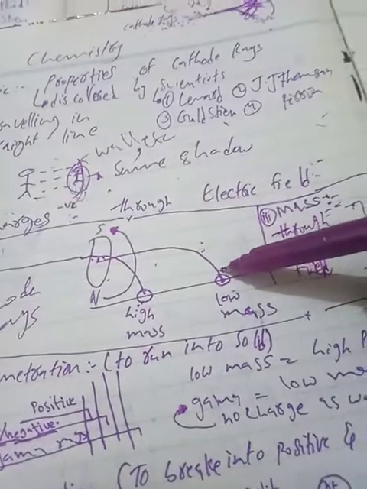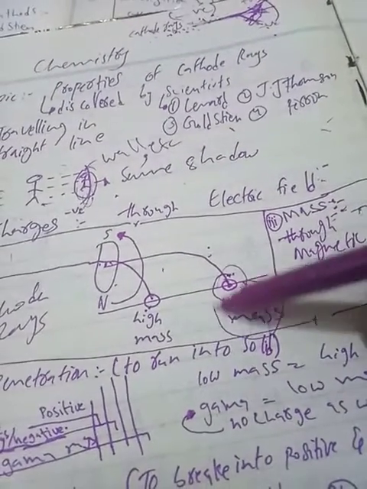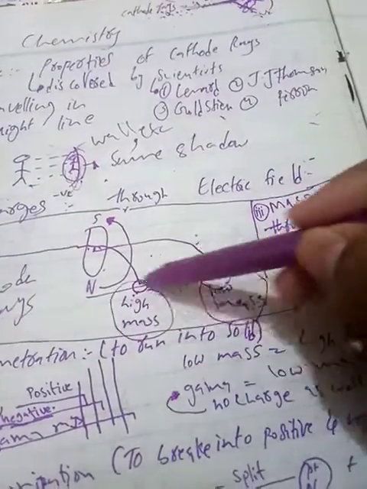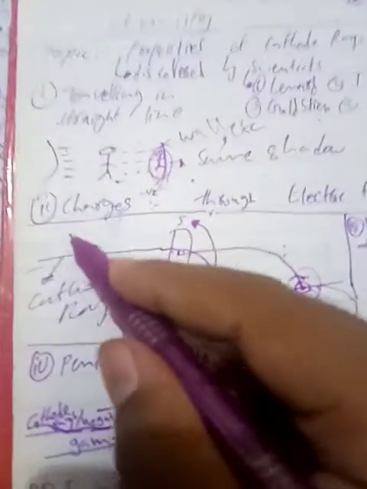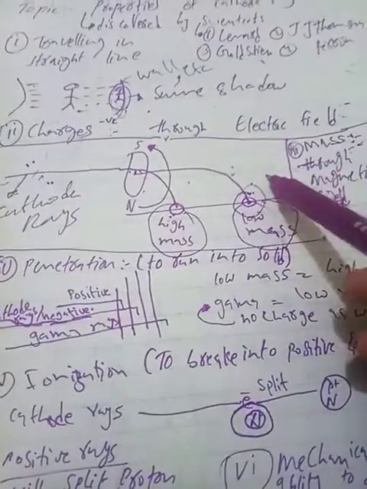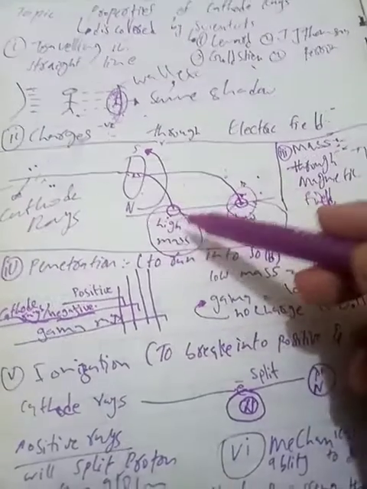So they said that these waves have low mass because they took some time, and these waves have high mass. And they passed not only cathode rays but a few more rays like gamma rays and others. So the rays which have low mass fall after the high mass.